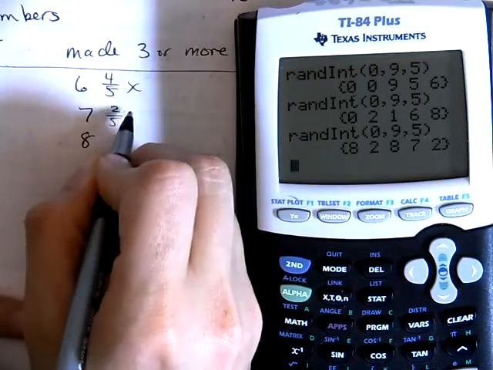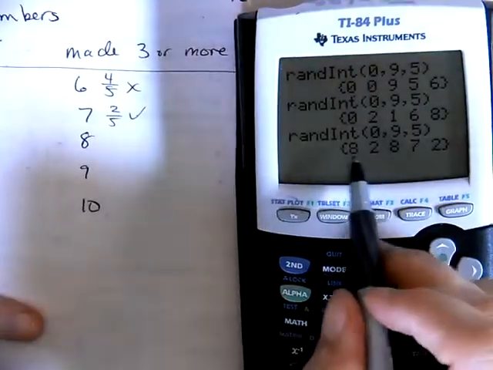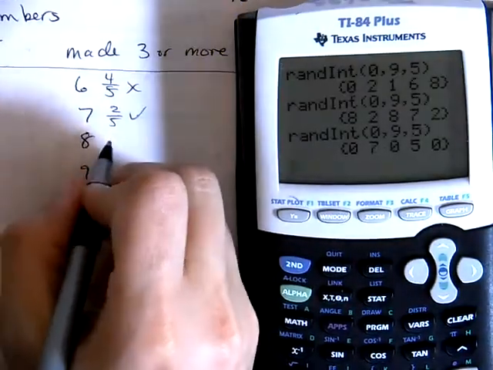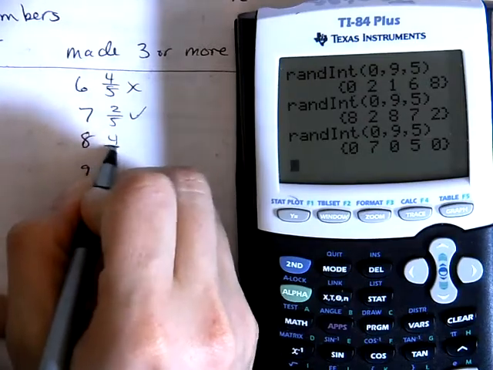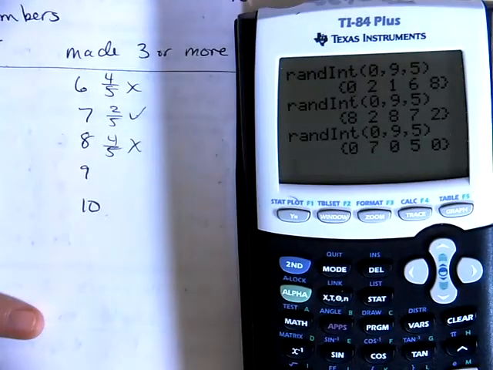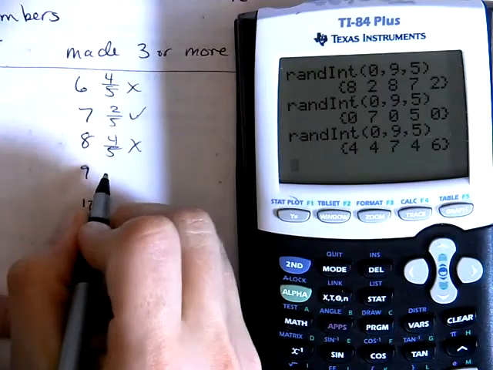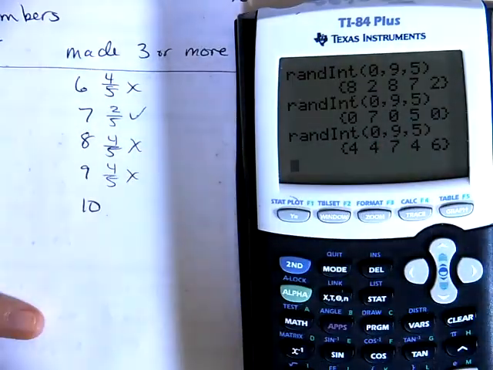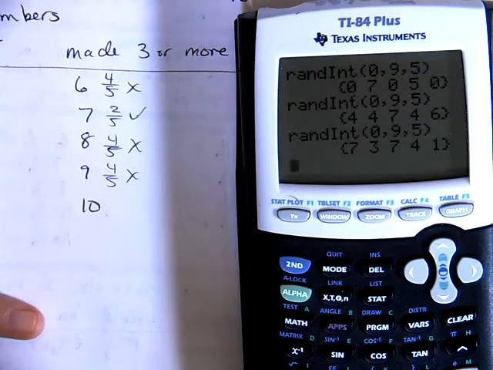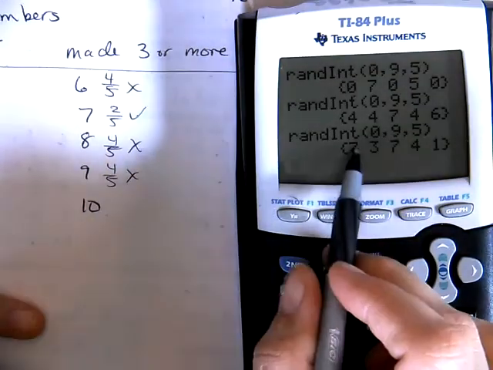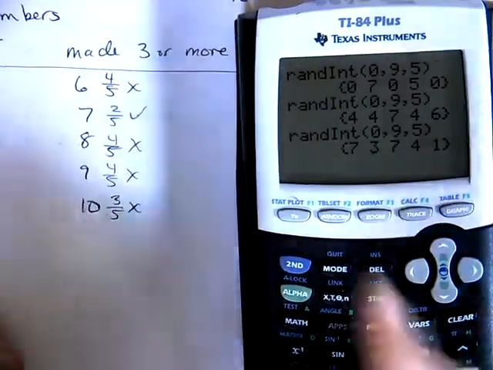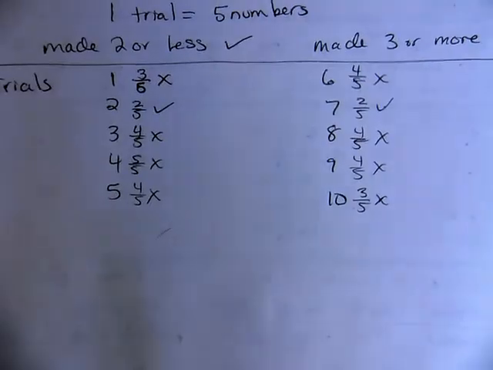Here she made 2 out of 5, so again I'll put a check. 4 out of 5, so I'm going to put an X. 4 out of 5 again, so I'm going to put an X because the 7 in both of those is the only one she missed. And then missed, made, so 3 out of 5. So I'm going to put an X. Okay, so there's my trials.